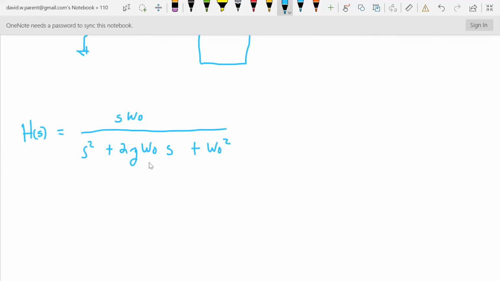But we can see that it's a second order circuit, so we need to divide through by 1 over S squared, divided by 1 over S squared.